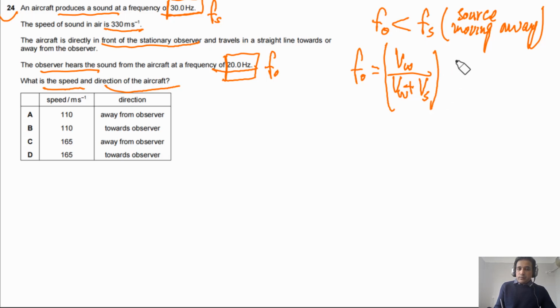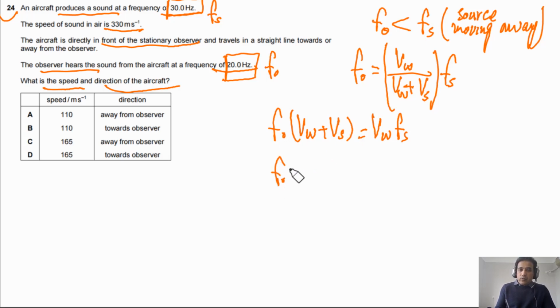So we can write F observed times Vw plus Vs is equal to Vw times Fs. We can multiply this inside, so we get F naught times Vw plus F naught times Vs equal to Vw times Fs. This is Vw, the speed of the sound. So we need to find out Vs.